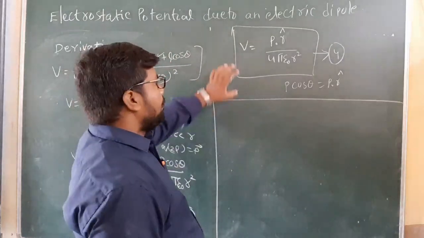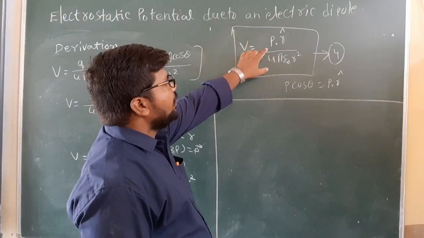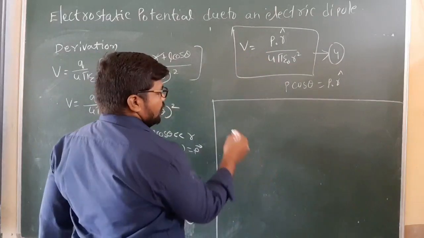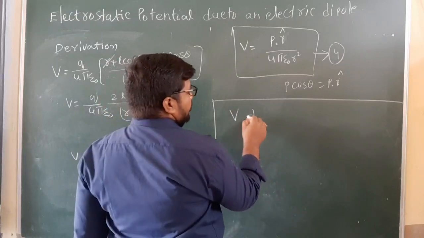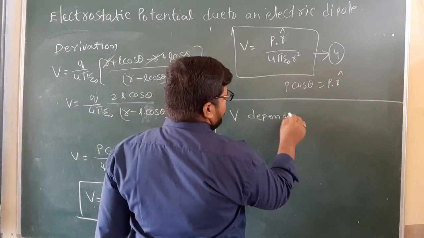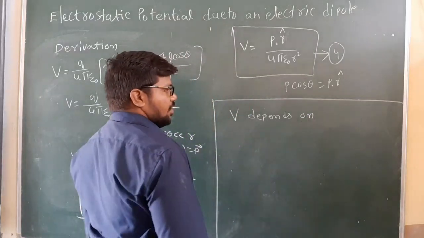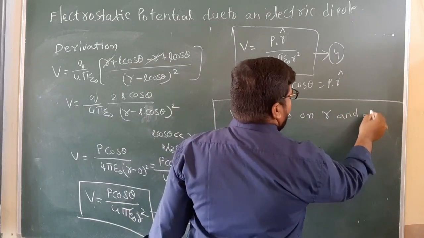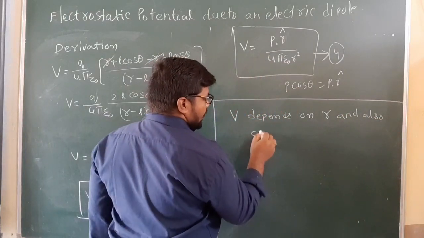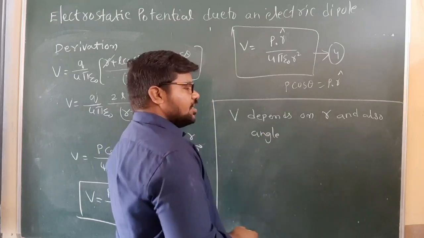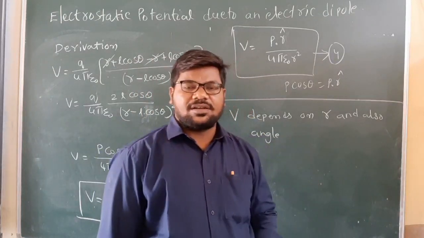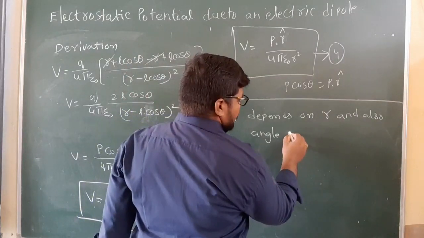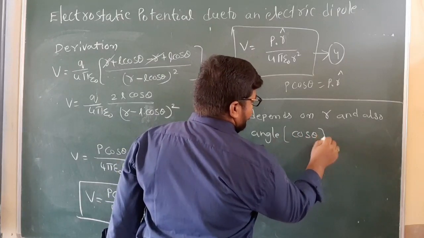Be careful. V is equal to P dot r cap by 4 pi epsilon naught r squared. V depends on r, and also on the angle between the radius vector and the dipole length 2l, because we have to take cos theta.